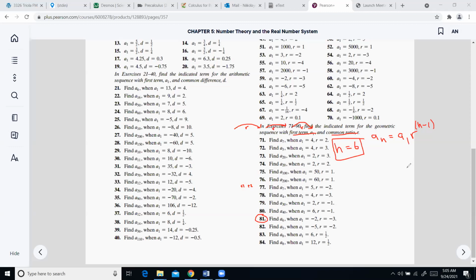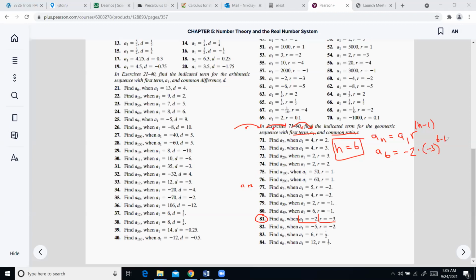And I'm also going to have to use, instead of A1, like they gave here, -2, and instead of ratio R, -3. So let me write down the answer, which is A6 is equal to A1, or -2, multiplied by R, which is -3, raised to the power of 6 minus 1.